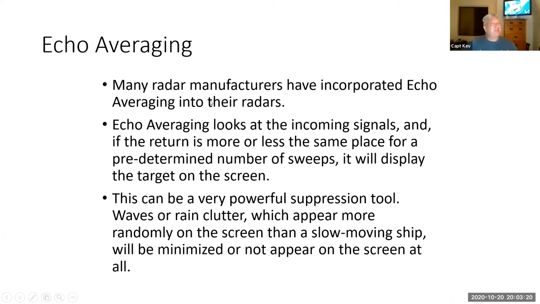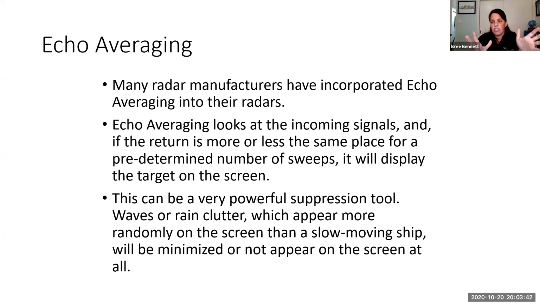I'm not sure I understand the difference, Captain. Can you explain that again? The difference between the trails and echo averaging? Okay, so trails is that two-toned display. It gives you what has happened on the screen and then what's currently happening.